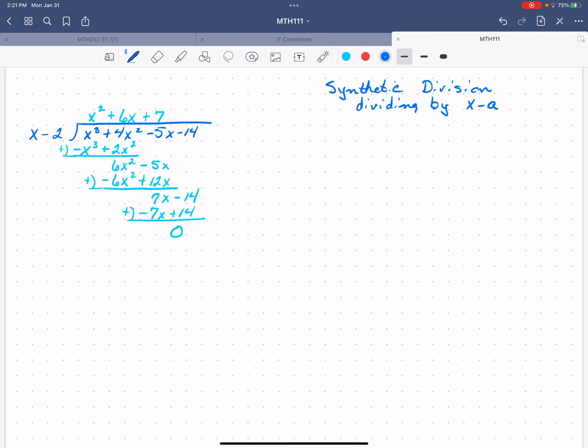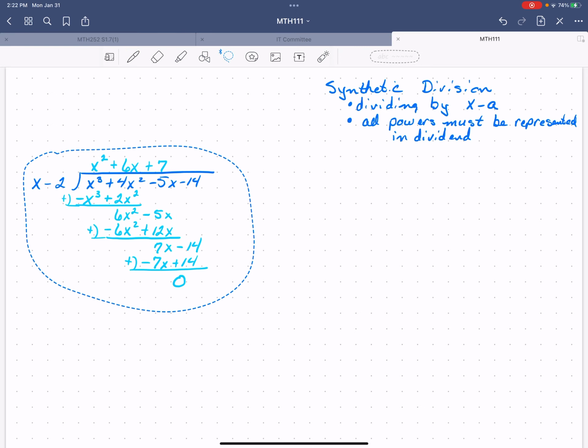The other thing that you must remember in synthetic division, like in long division, is that all powers must be represented. In other words, I'll show you an example here before we're done. But we may have to put in some zero placeholders if we're missing some powers. And this is in the dividend, so in what we are dividing into. Okay.